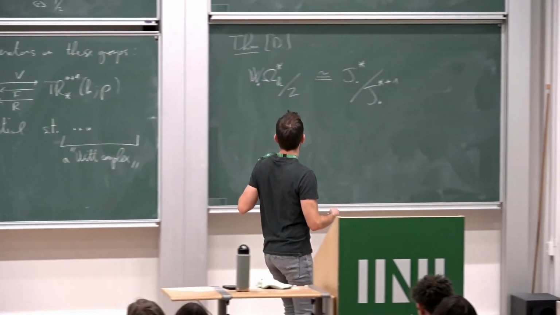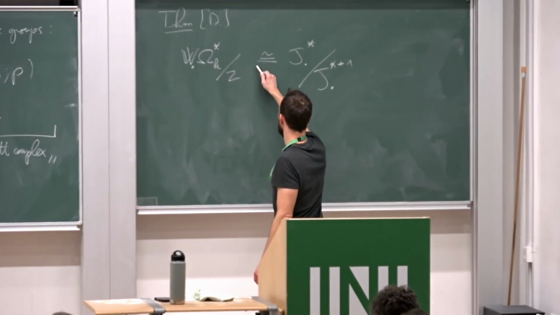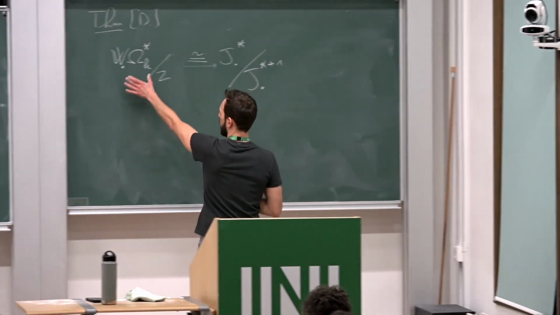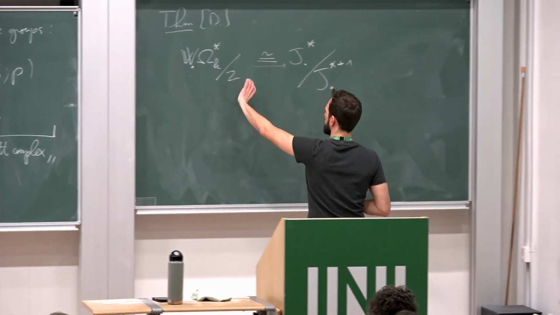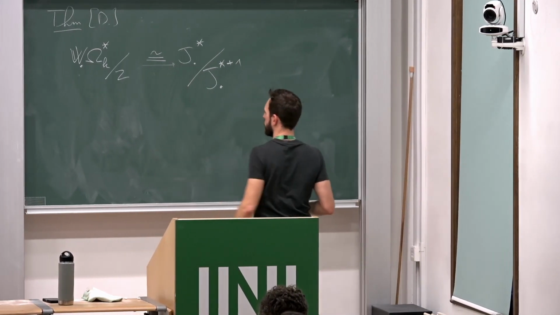So first one needs to build a map, and this is the initial object in a certain category. So the way it goes is that we need to produce the same structure over here. And that's already not obvious.